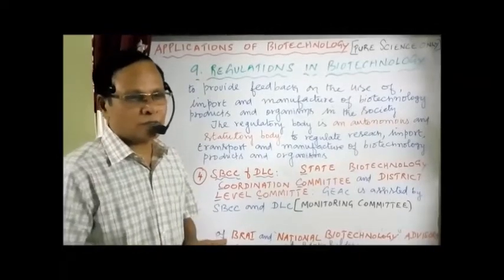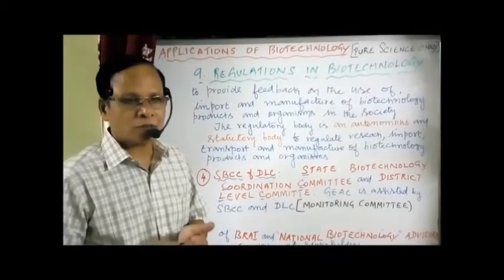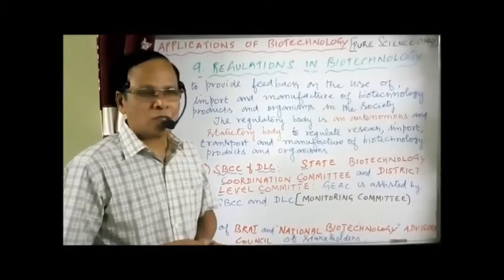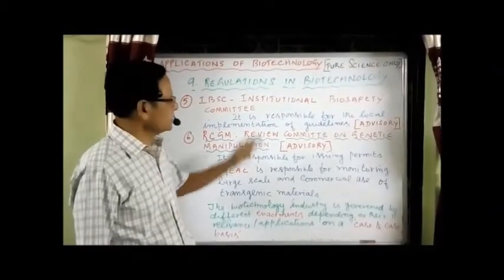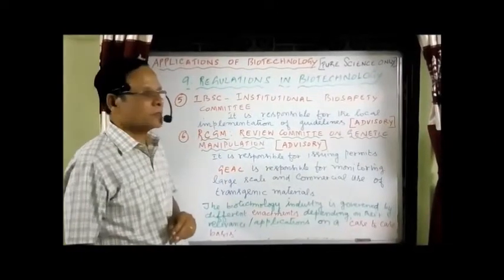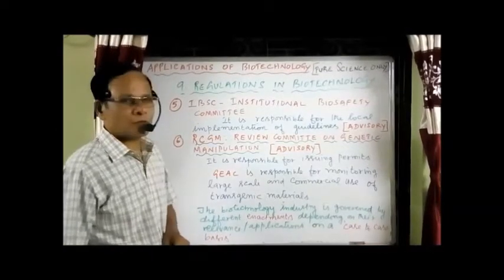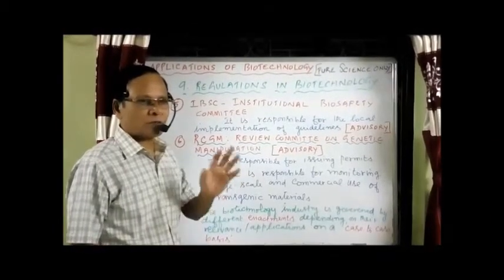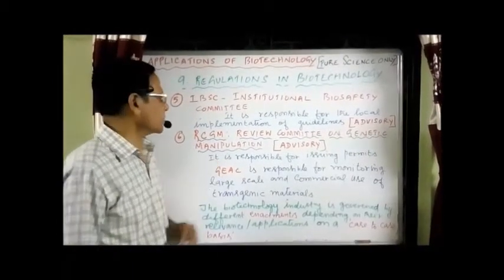Now we go to the next one, institutional biosafety, the council or committees. The next committee is IBSC, the Institutional Biosafety Committee. It is an advisory committee along with the GEC. It is responsible for the local implementation of guidelines, how to follow the regulations and rules about biotechnology products.